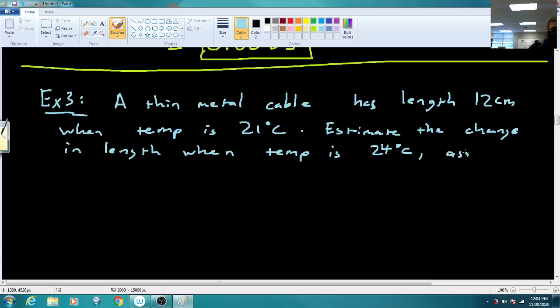We assume, they tell us, the change in length with respect to temperature is equal to k times the length, where k is equal to 1.7 times 10 to the negative 5th.